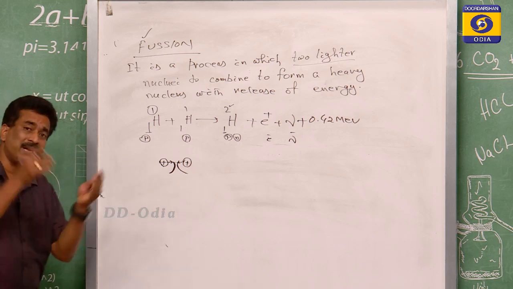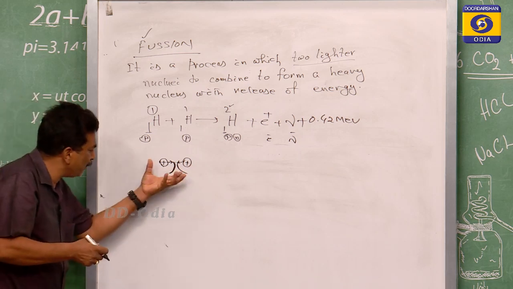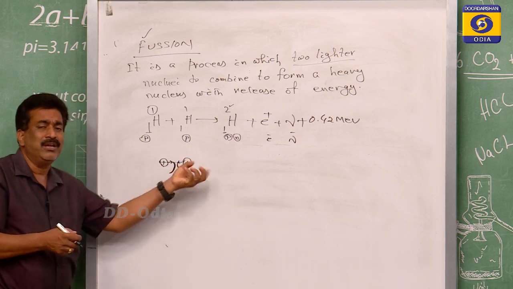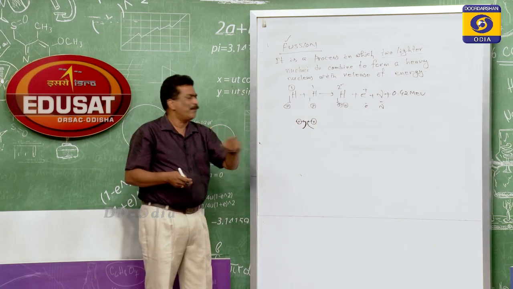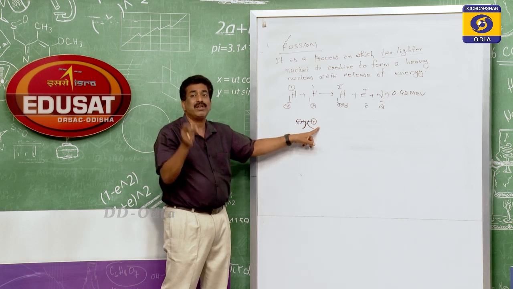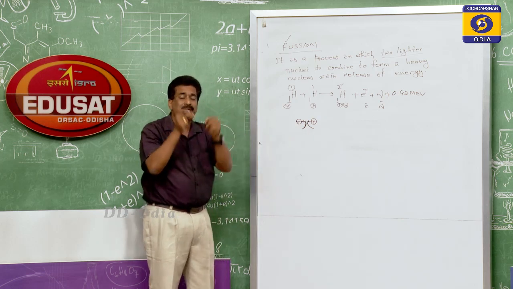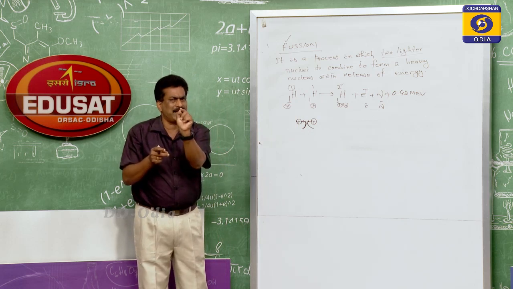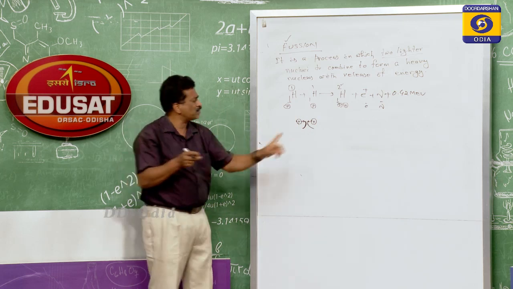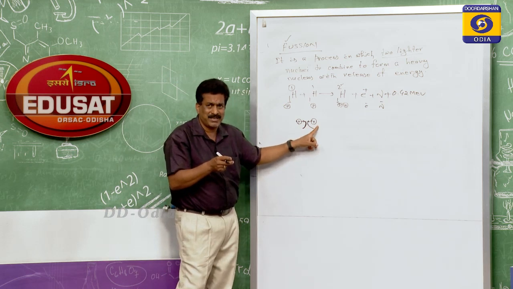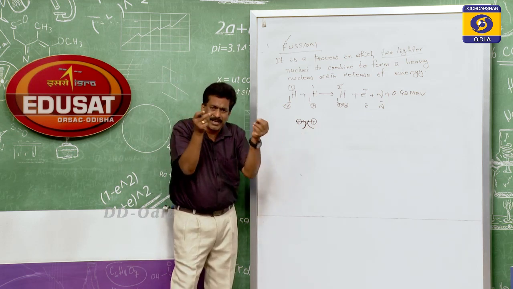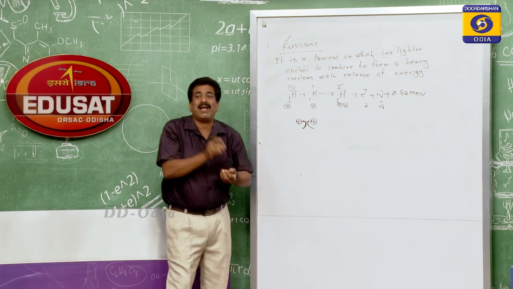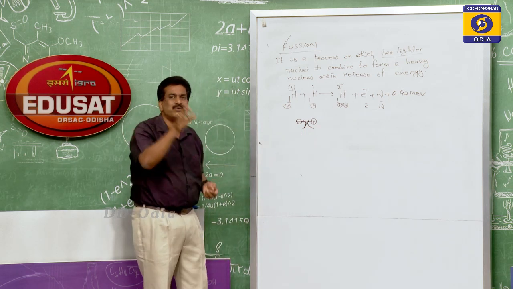But if we try to take them very near to each other, the repulsive force is there, but these 2 are nuclei, and inside the nucleus, which is a very small size, these positive charge particles are present. And if they come very near to each other, there will be a nuclear force, as we discussed.